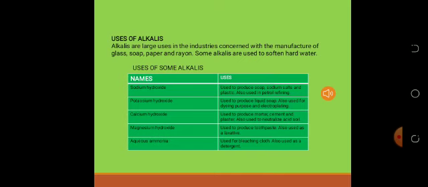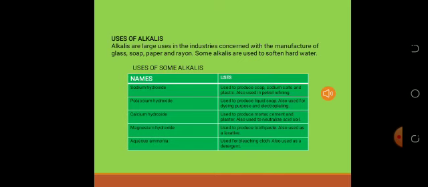I talked about potassium hydroxide, which is used to produce liquid soap and is used for dyeing of clothes and electroplating of metals. I also talk about calcium hydroxide, which is used to produce mortar, cement, plaster. I also talk about its uses in neutralizing an acidic soil.